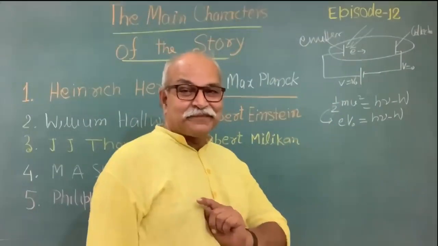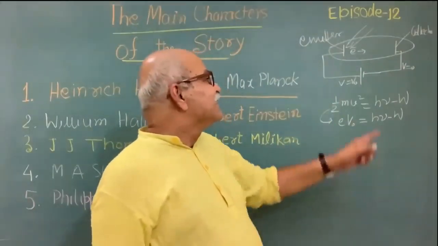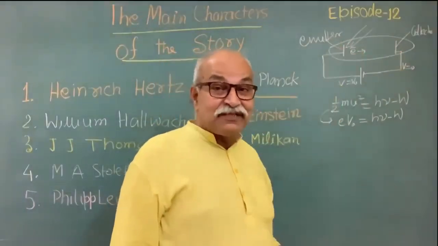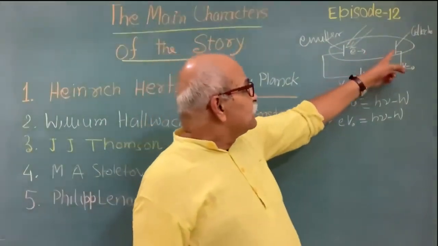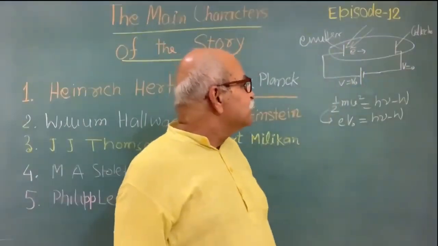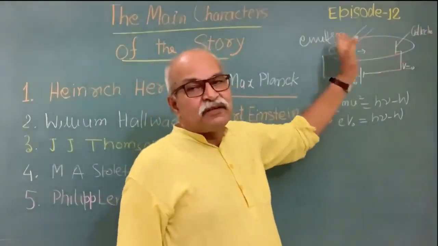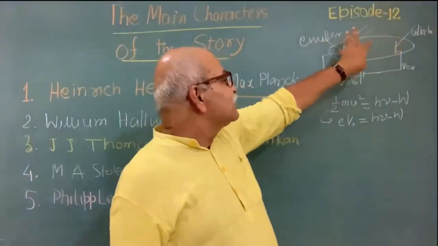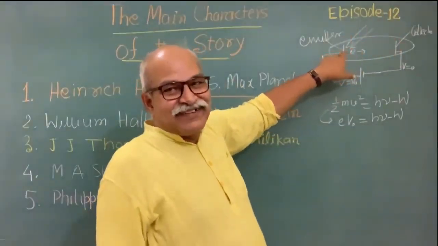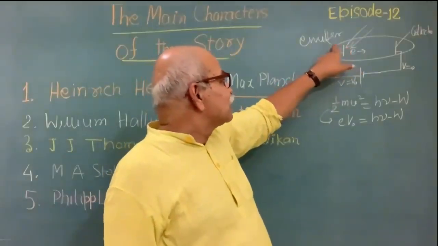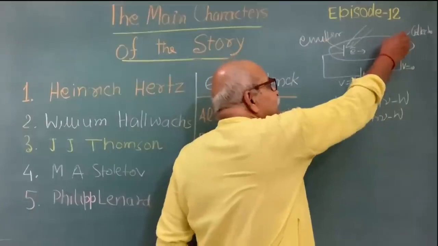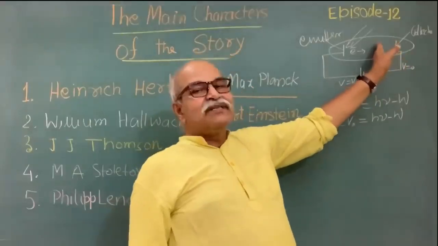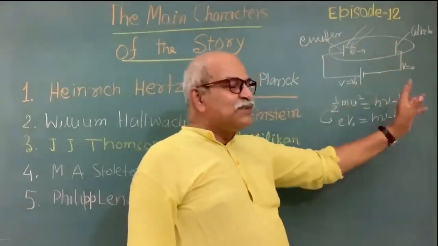But the emitter and collector are of different metals, and should be different metals. Millikan has taken care of which material should be here and which material should be here, because if you take the two from the same material, then light which is reflected from the walls, since not all the light is getting absorbed, a lot of light is reflected from here, from here, and if that reflected light falls on the collector and electrons are ejected from this side also, then the equation will not work.